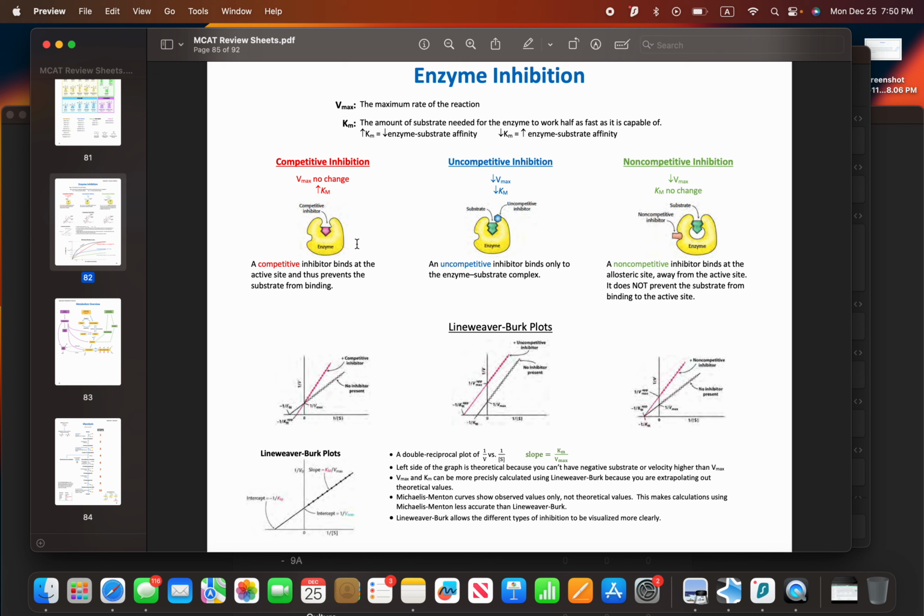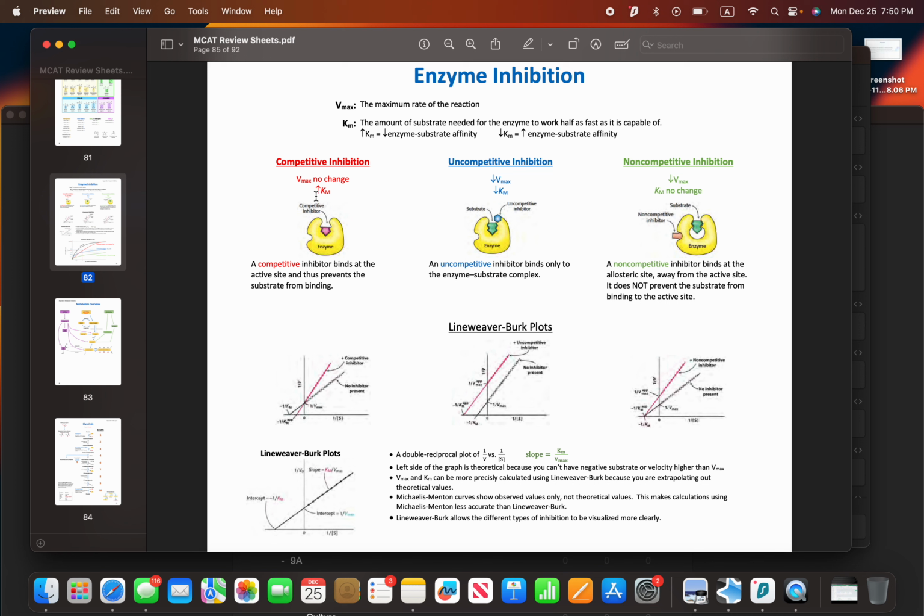So if the substrate is not able to attach to the active site, the enzyme does not have the same affinity to the substrate anymore, because it is already full, satiated. It's not hungry anymore. And that must have an effect on the Km, right? So the Km is increased.